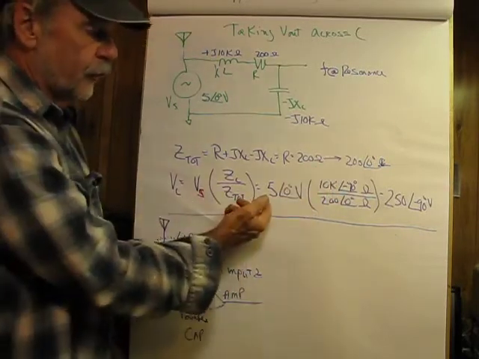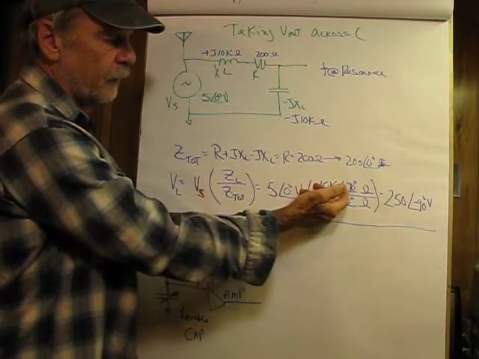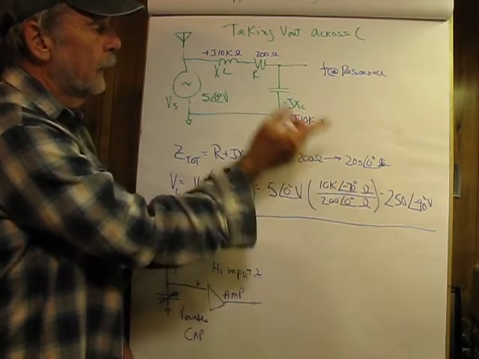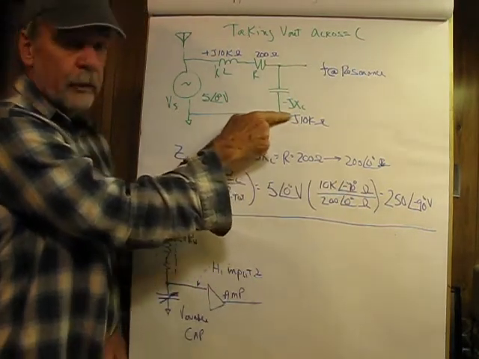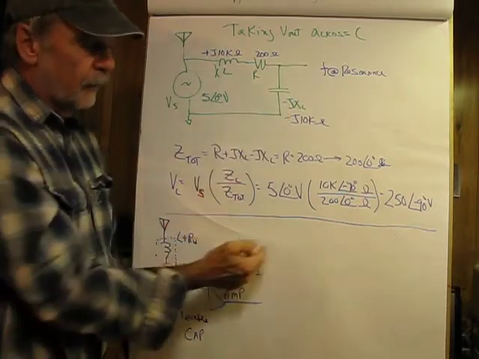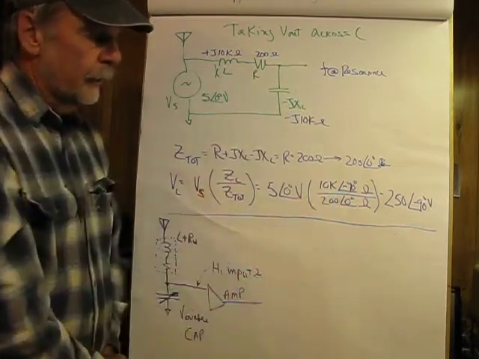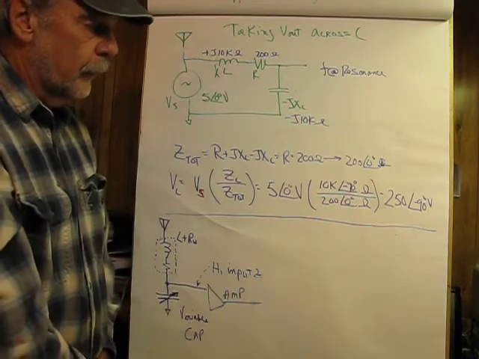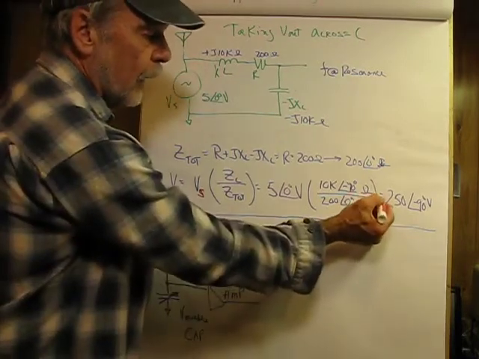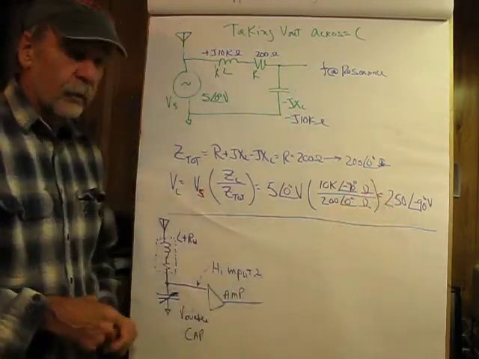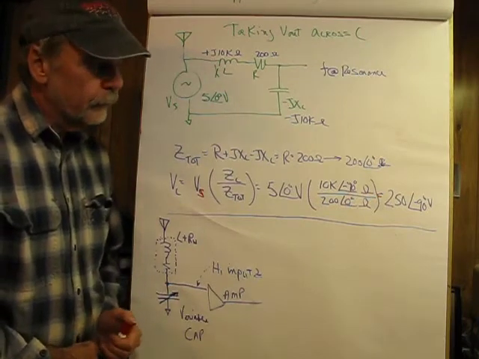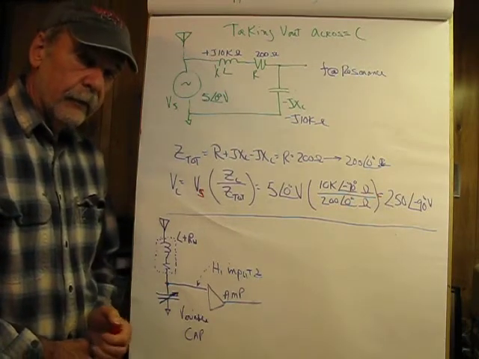So that would be 5 at 0 times 10K at negative 90 degrees ohms, and that would be this value expressed in polar form, divided by 200 at 0 ohms, and that gives us an incredible output voltage, which seems unrealizable, of 250 volts at negative 90 degrees.